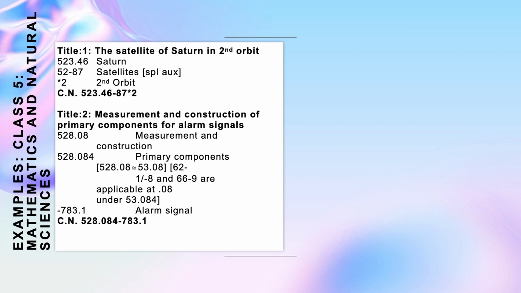Title 2: measurement and construction of primary components of alarm signal. 528.08 is measurement and construction, and 528.084 is primary component for measurement of construction. There is an instruction that 528.08 is subdivided as 53.08.